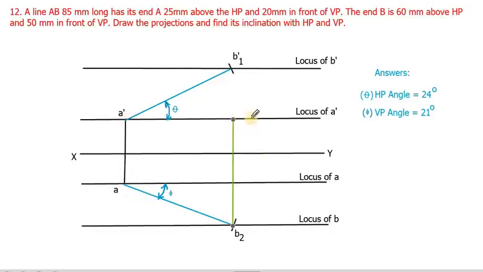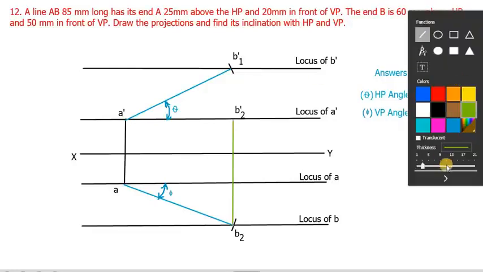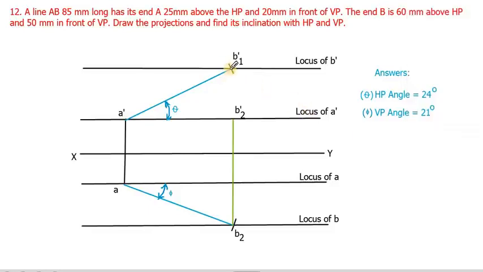So this point will be B2 dash. Similarly, draw a vertical line from B1 dash downward up to the locus of A. So this point will be B1.